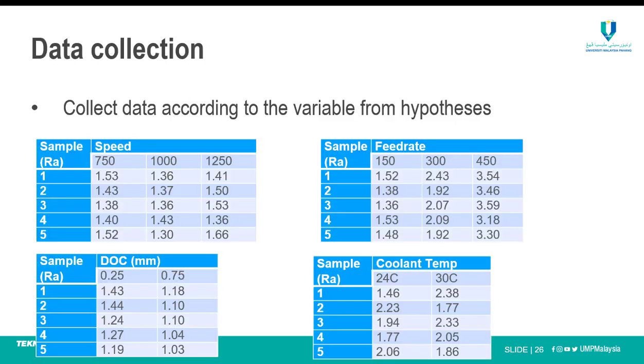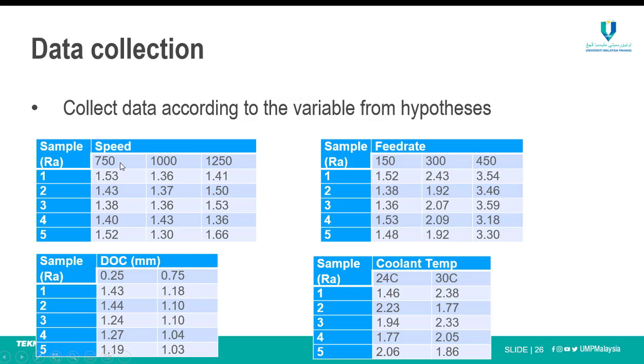To conduct the hypothesis testing, we need to do the data collection if we don't have the data yet. In this example, since we have four hypotheses, we need at least 4 sets of data which represent the different input variables that we think contribute to the output variable, which is the surface roughness.